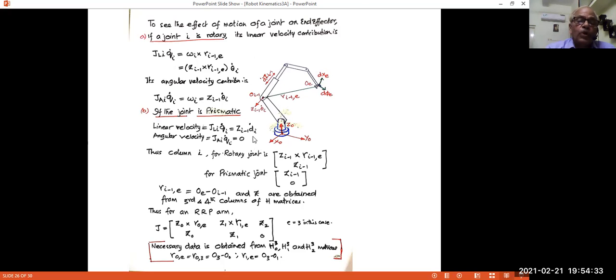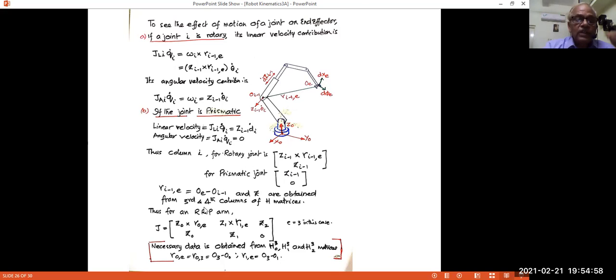So z_(i-1) times d_i dot is the linear velocity. And what is the angular velocity? Because there is no rotation here, the frame is simply moving parallel, so that is 0. So for a prismatic joint, the column will be z_(i-1) and 0. The top 3 is z_(i-1), and the bottom is 0, 0, 0.